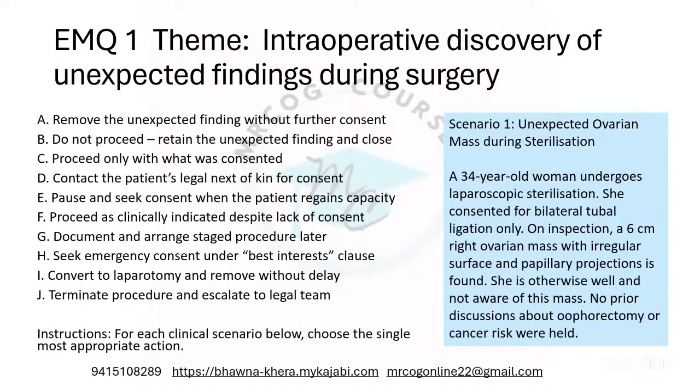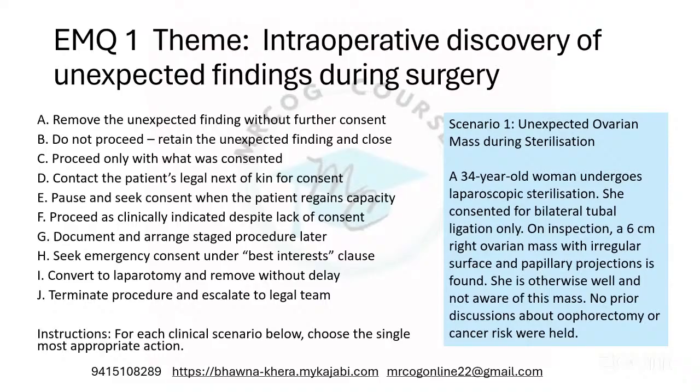So do not proceed means you will not do the laparoscopic sterilization also, right? And of course, you are not going to do anything to the ovarian mass and you will close the abdomen. While C says proceed only with what was consented. That means you can go ahead with the laparoscopic sterilization, but you will not touch the ovarian mass. So yes, that's the correct answer.